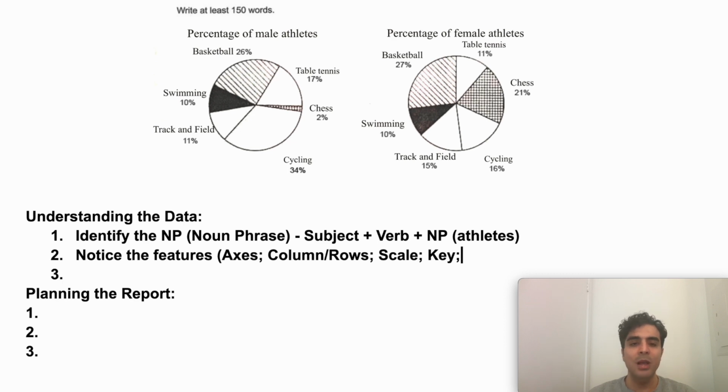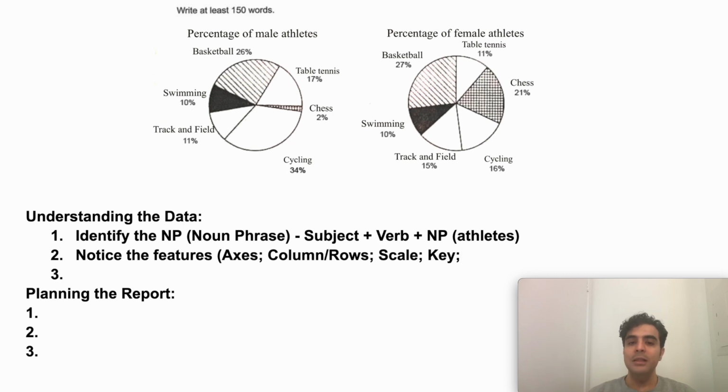So for example, sometimes you have a little key that says the color black represents, for instance, international students, and the color white represents domestic students, right? So these two colors that we have are shown, it's clear what is being displayed and what is being represented by these two colors.